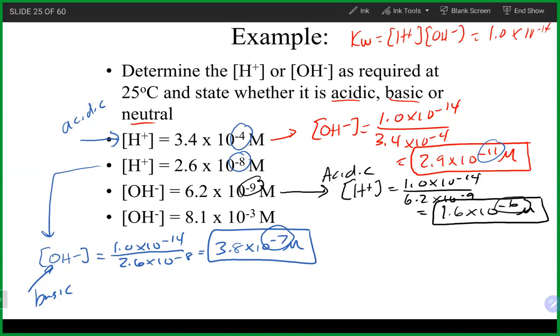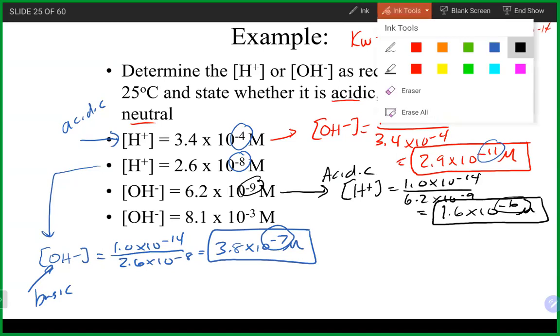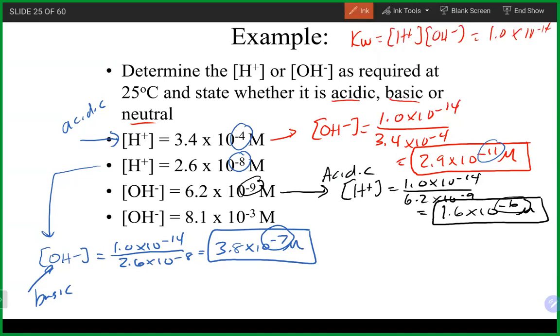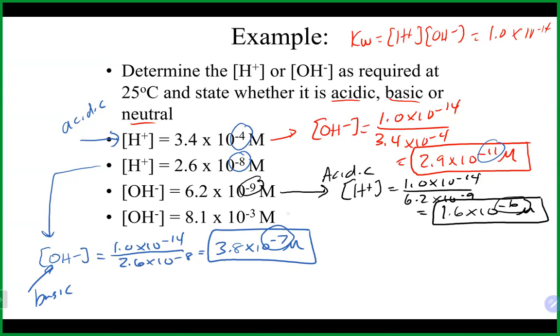Lastly, there we have the OH minus, which means we could calculate the H plus. So let's go with this here. So once again, we're going to do our H plus is equal to our 1 times 10 to the minus 14 divided by 8.1 times 10 to the minus 3.